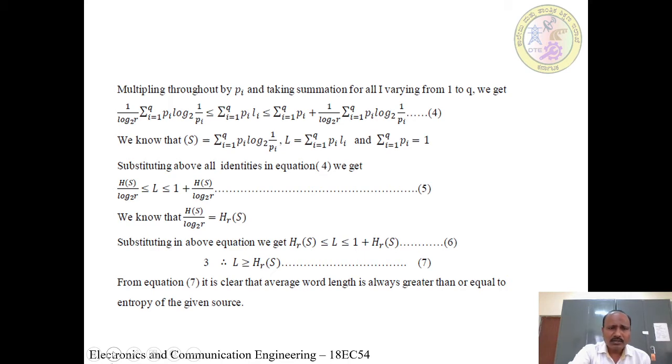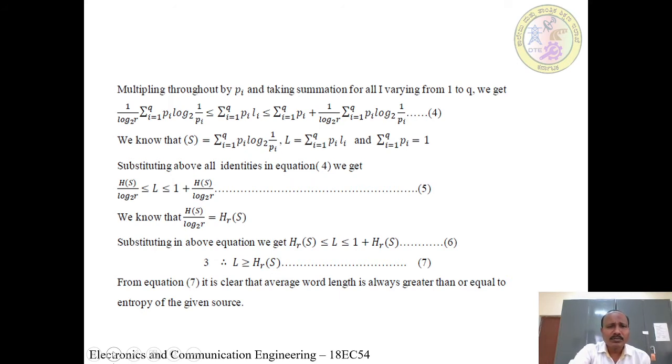We know that the entropy of the given function is the summation of i equal to 1 to q of pi log of 1 divided by pi, the average length is the summation of i equal to 1 to q of pi into Li, and the sum of the probabilities must be equal to 1.